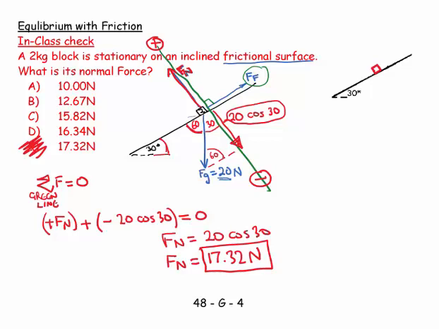The sum of the forces equals 0, or the sum of the forces equals MA applies to an axis. So I could be more strategic and say, I'm going to construct an axis which will enable me to ignore FF in this case. And then I construct it. I need a bit more geometry, but I can do that with a good diagram, and I can solve it relatively easily. That's the way I'd recommend.